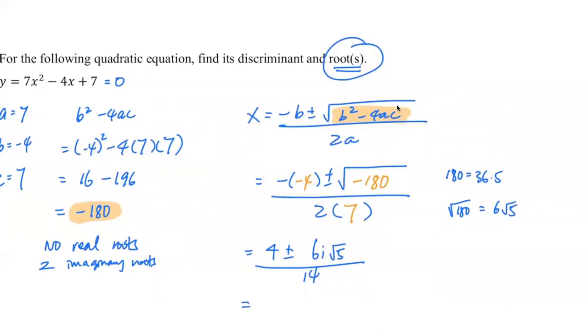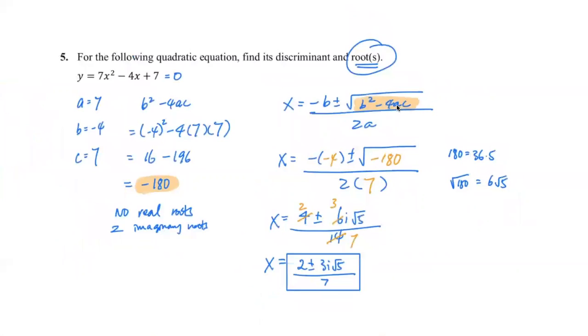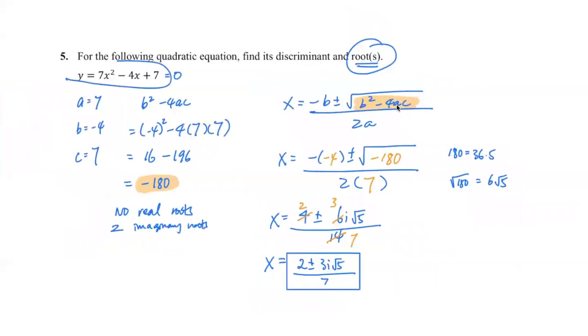And then you can simplify this a little bit further because they're all multiples of 2. So you can reduce all these numbers by 2. So your final answer is 2 plus or minus 3i root 5 over 7. These are the 2 imaginary roots that we will get from this quadratic equation.